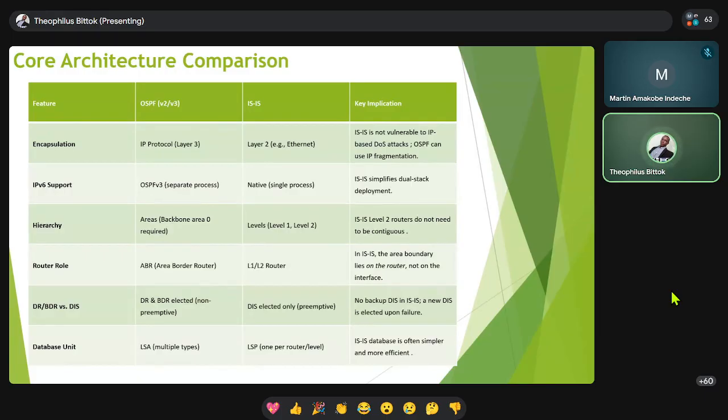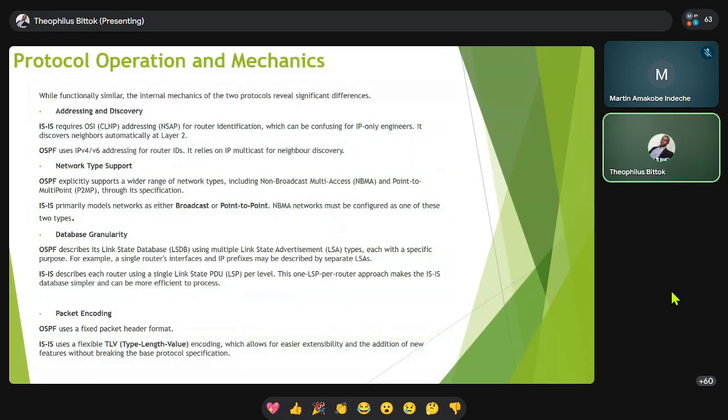If it's a level 1-2 router, you'll have an L1 LSDB and an L2 LSDB in the router. If it's just level 2, you'll only have level 2. If it's L1, you'll only have level 1. So when it comes to the database, ISIS is a bit simpler compared to OSPF.